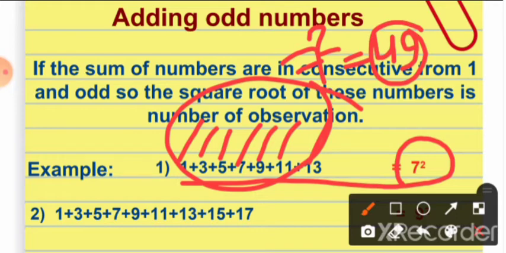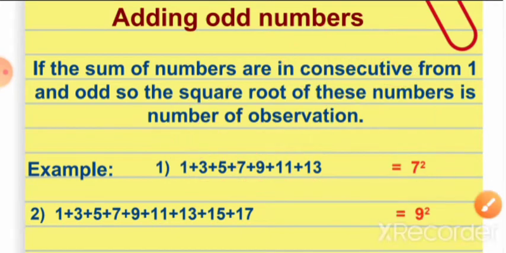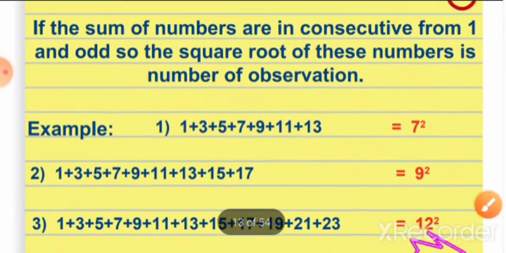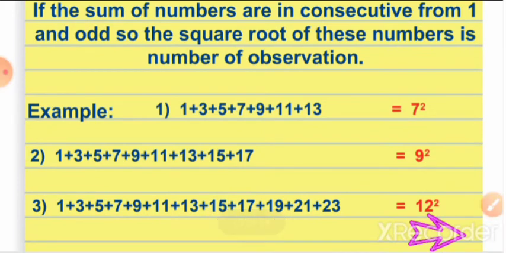It means any two or more consecutive odd integers you can add directly. Just check the number of terms. If the number of terms is 5, you can write 5 square. If the number of terms is 9, you can write 9 square.